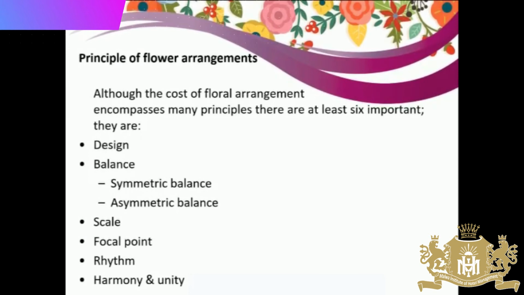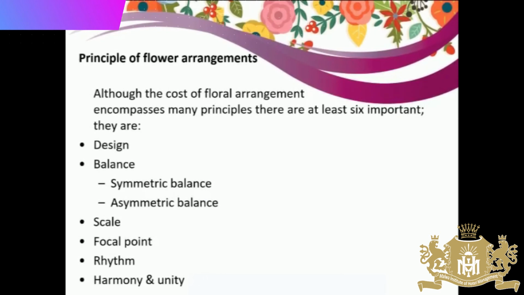In asymmetric balance, the 2 sides are not equal, but still have equal visual weight. Color plays a vital role here. Dark colors give a visual effect of weight and so are used low in the arrangement.